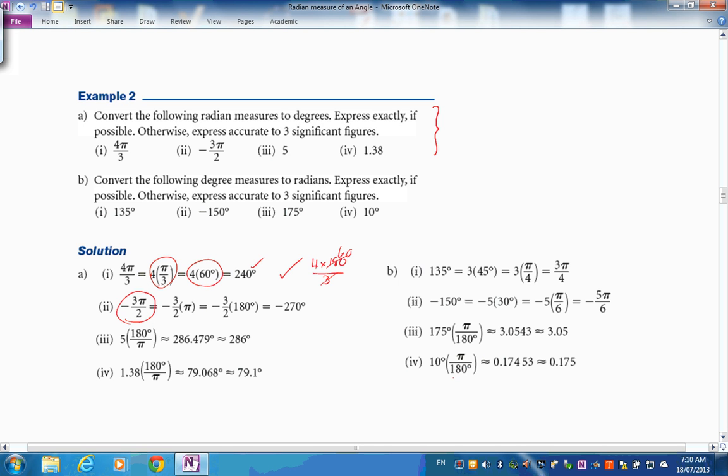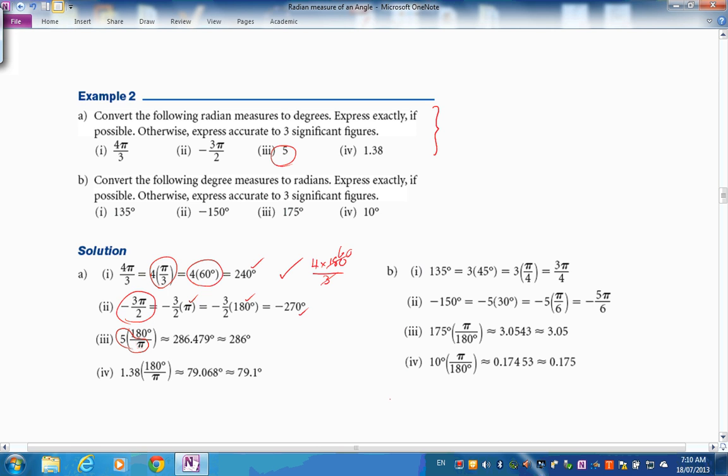Okay, so negative 3 pi on 2. What might negative mean? We'll have to have a look at that. Negative 3 pi on 2, negative 3 on 2 times pi, and negative 270. And then 5 here is 5 radians, so it's 5 over pi times 180 degrees.